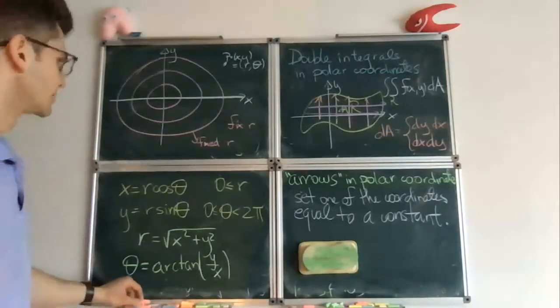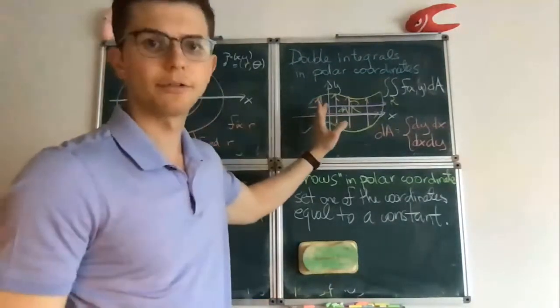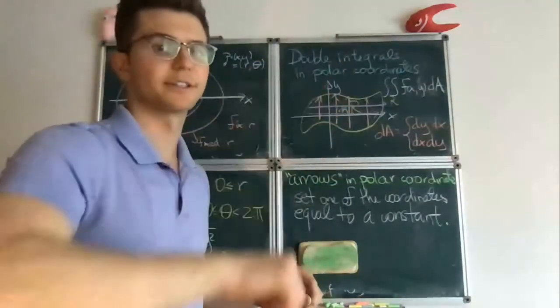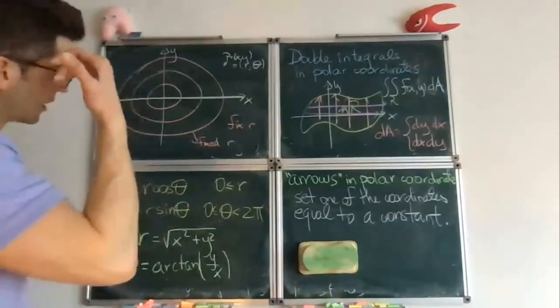Okay, so instead of having vertical arrows, now we have circumferences as our arrows.